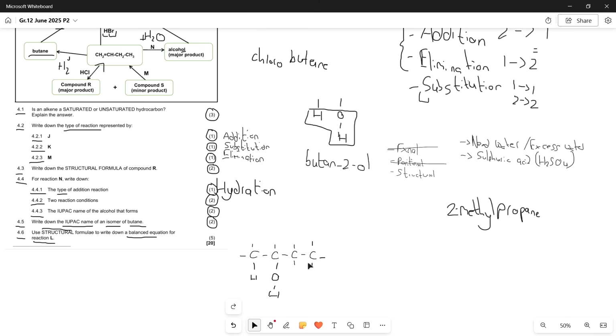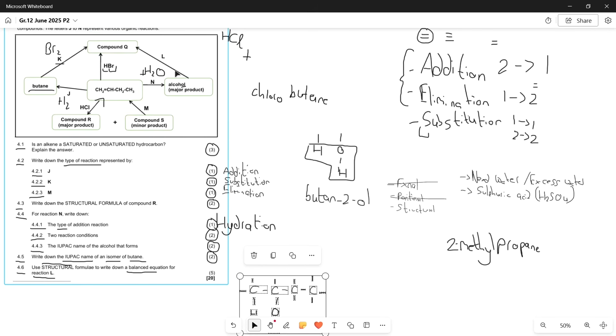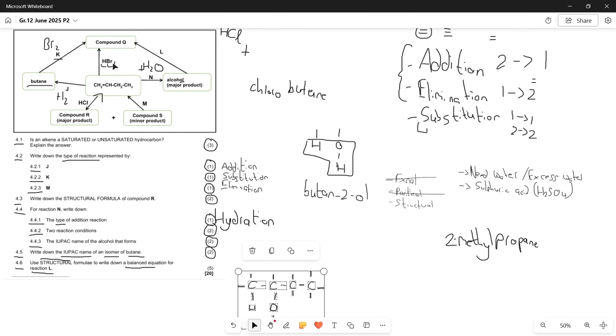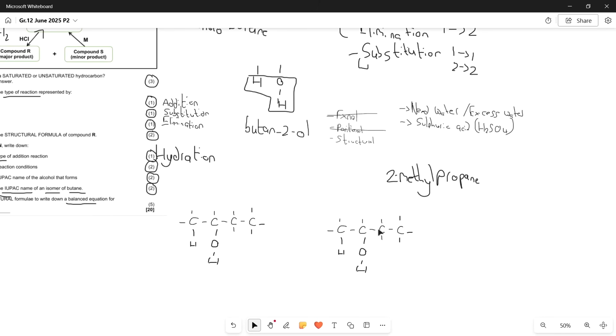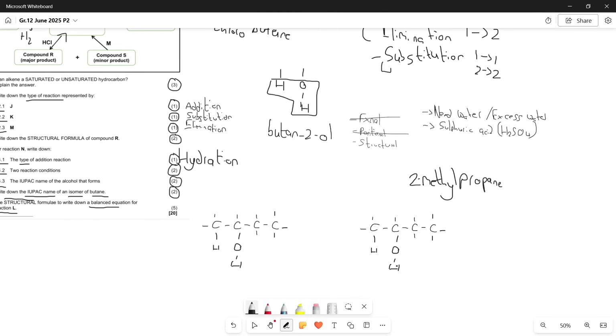This is on the left side of our reaction, one of our reactants, and we need to see whether there is another reactant on the left or another product on the right. But we'll get there. We do know what compound Q looks like, because compound Q was formed with HBr when we broke our alkene and added an H and a Br, so it looks very similar. We just have something like this.